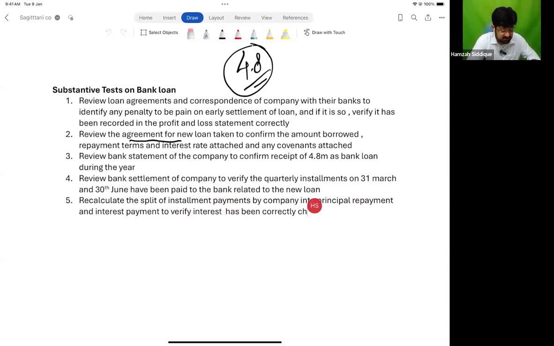Where it should have been charged? In profit and loss, and loan balance has reduced by repayment of principal.